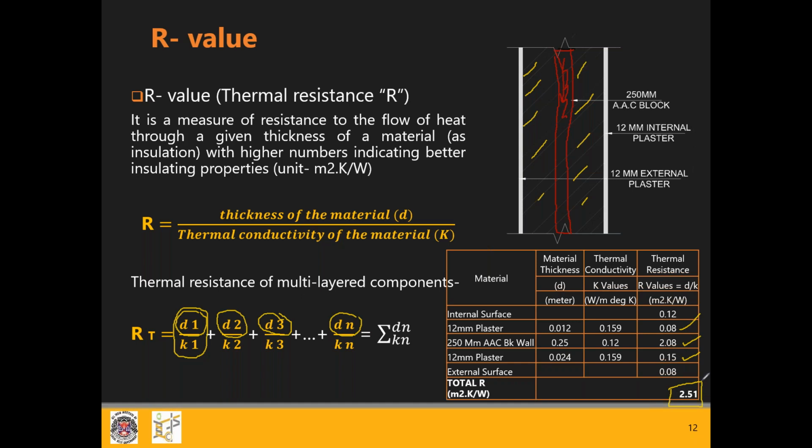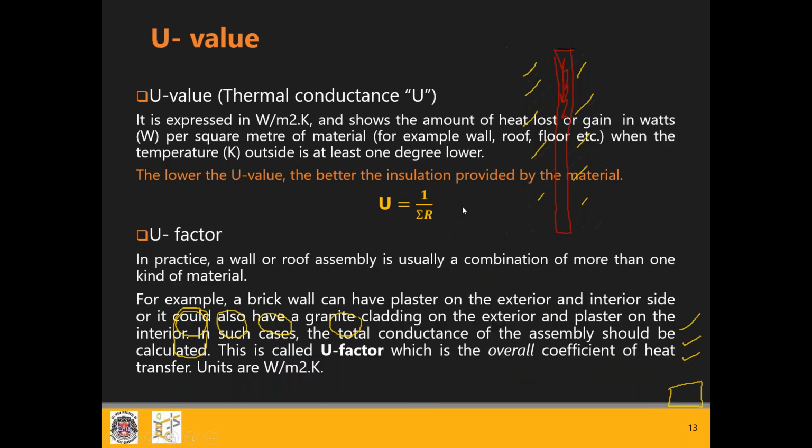Now R value, as I said, is just the component where we determine the resistance of my building envelope. But in ECBC, the main thing is the U value.